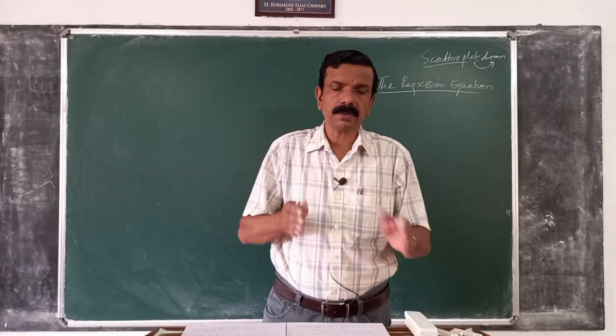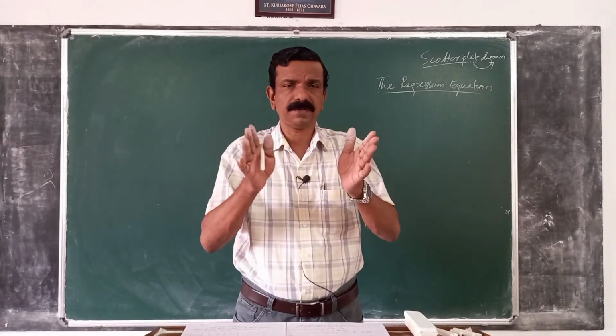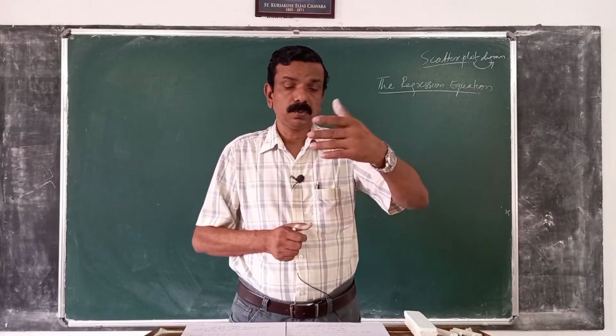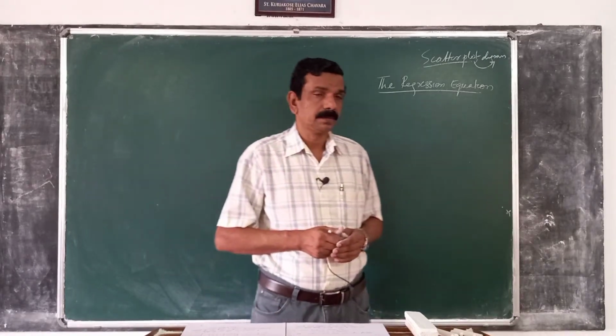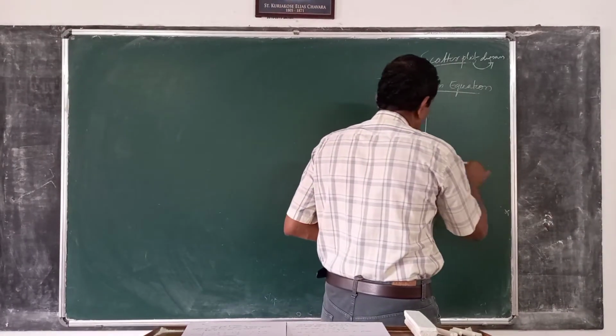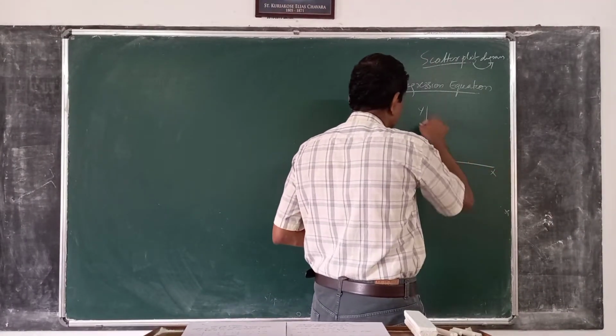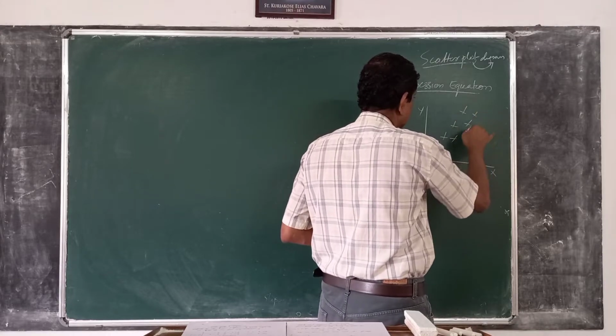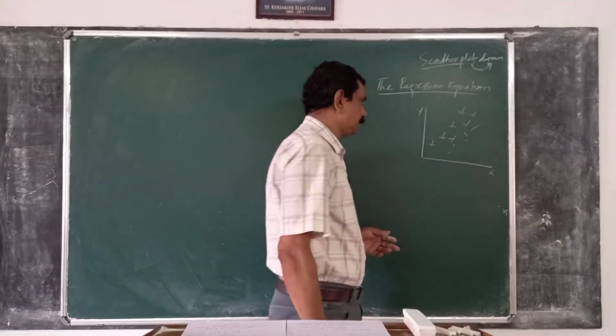A scatter plot, in the form of a definition, is a graph of data from two quantitative variables. So two quantitative variables, x and y, and you plot these observations in an xy plane.